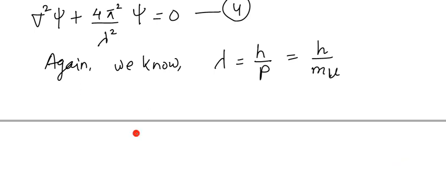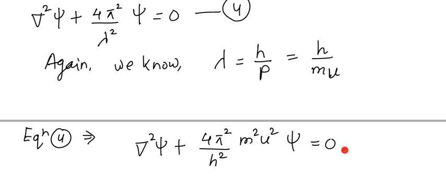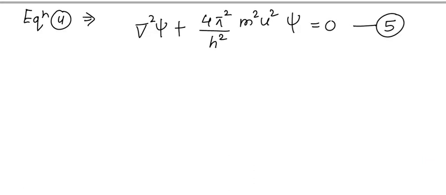Then equation 4 becomes nabla square psi plus 4 pi square divided by lambda square, where lambda square means h square by m square u square, psi is equal to 0. This is what we have: 4 pi square m square u square by h square psi. Let us take this equation as equation number 5.